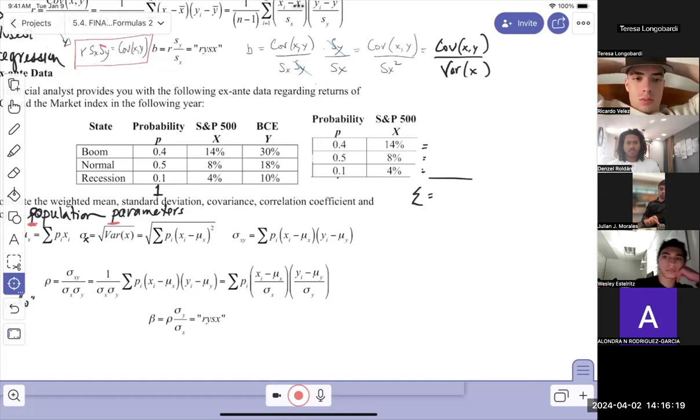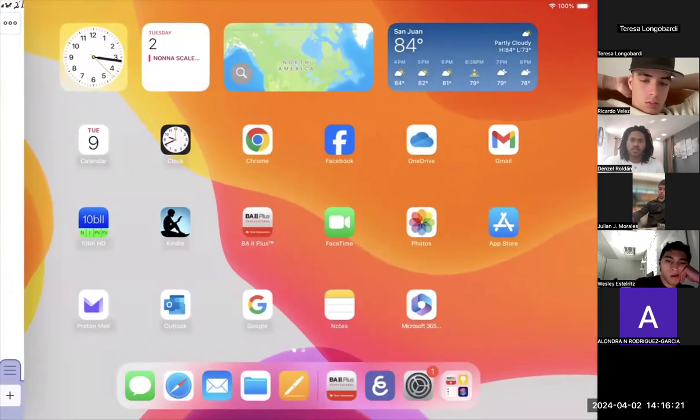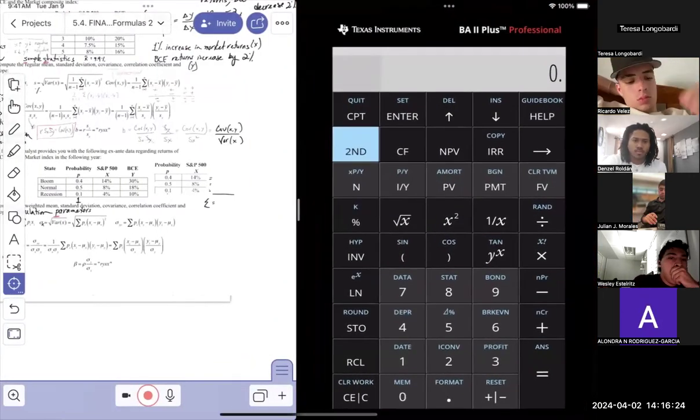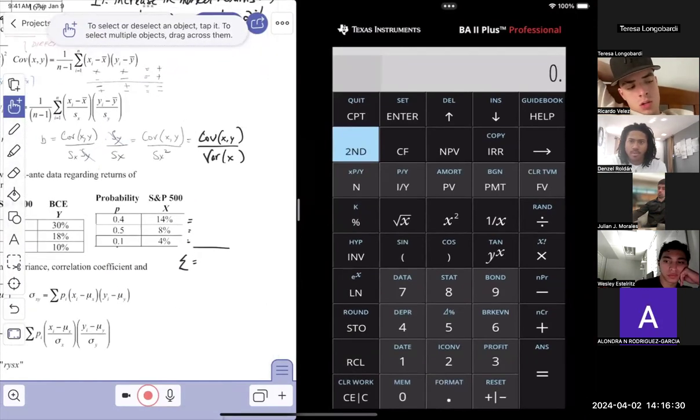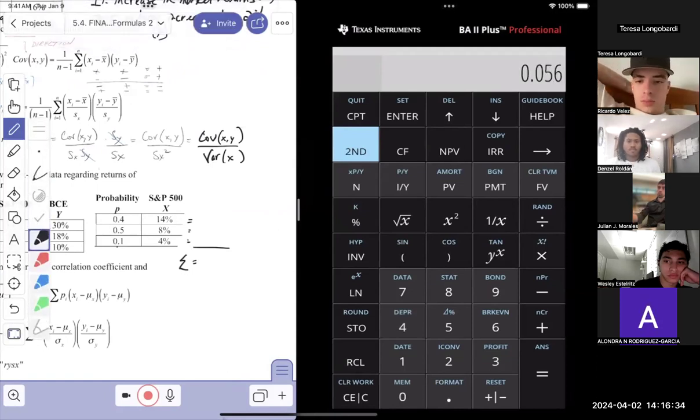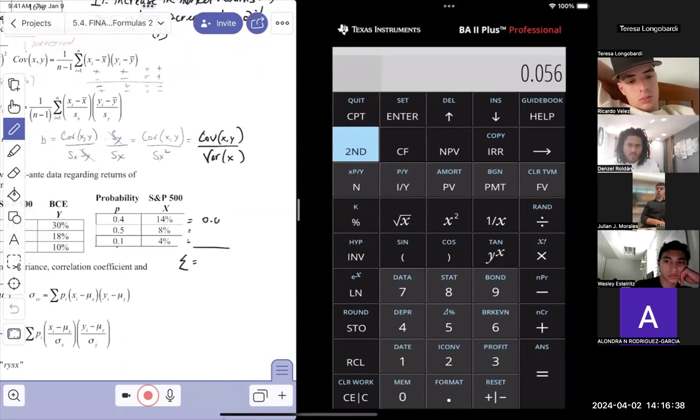So I'm going to bring up my calculator. And I can do 0.4 times 0.14. This is the slowest way to do this. I'm going to show you the faster way.